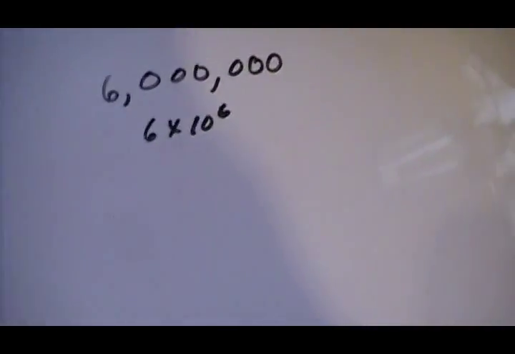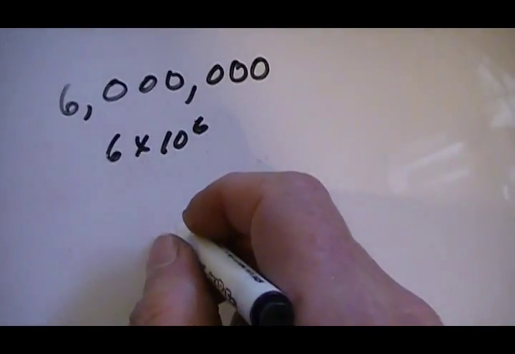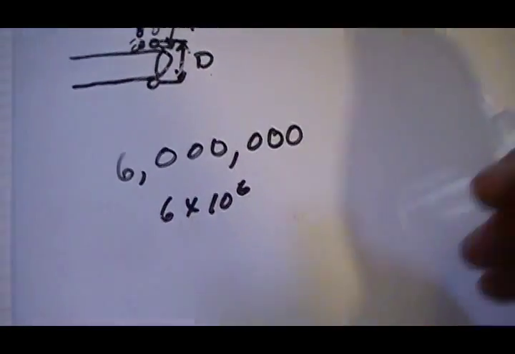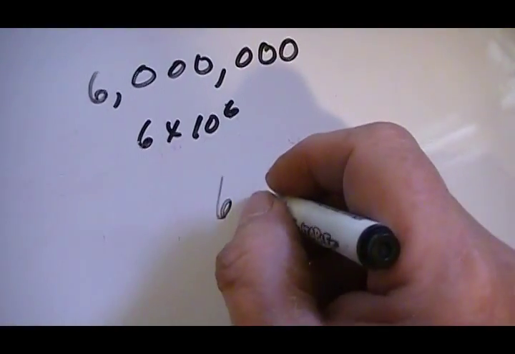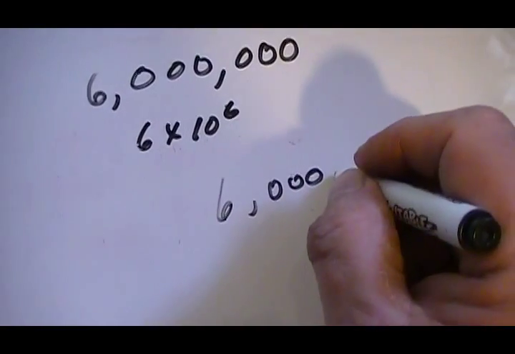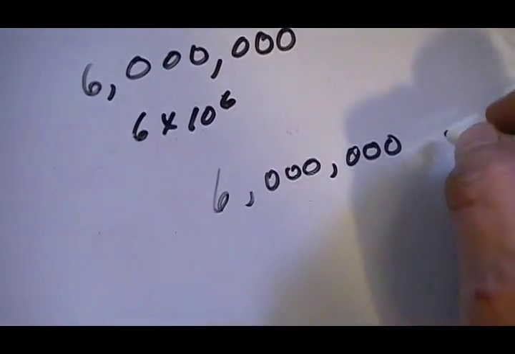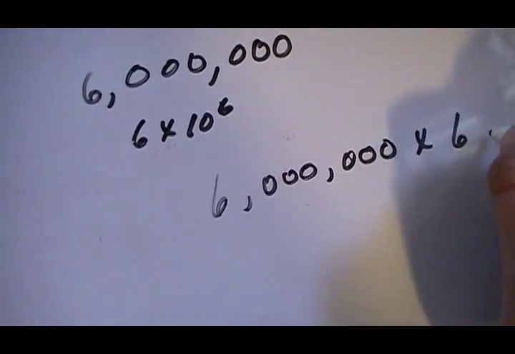The other thing too is, what if I wanted to take 6 million times 6 million?